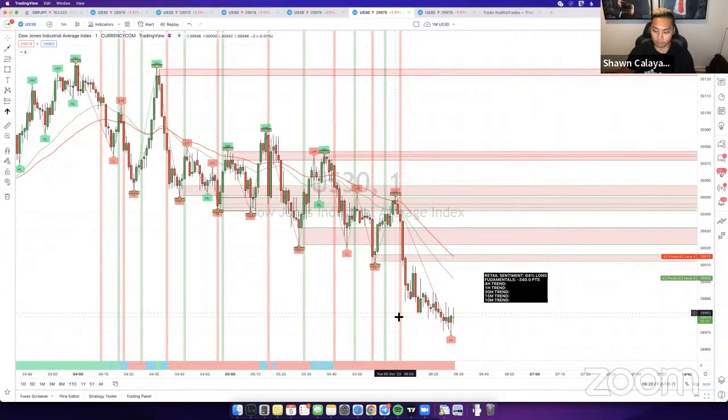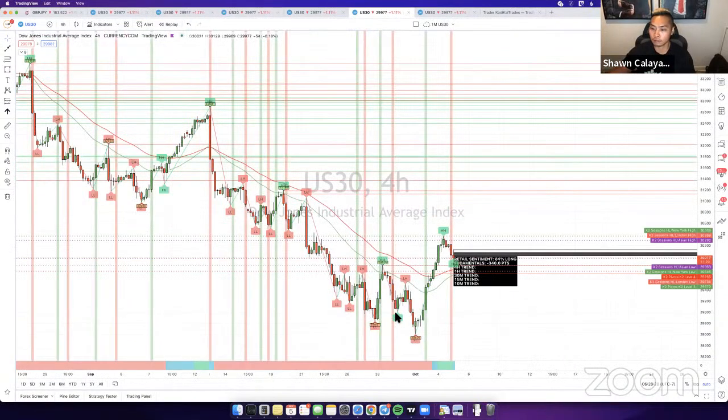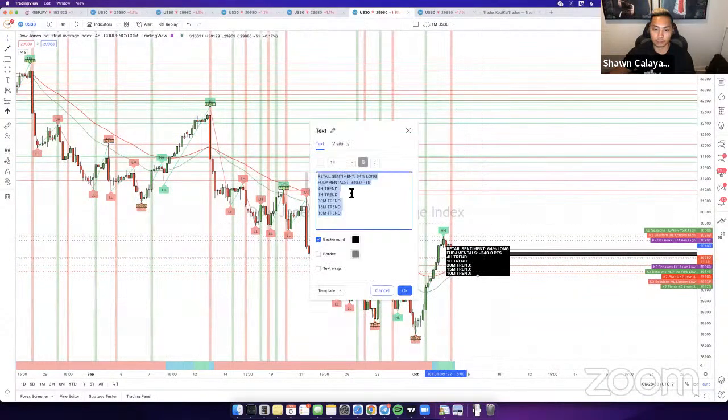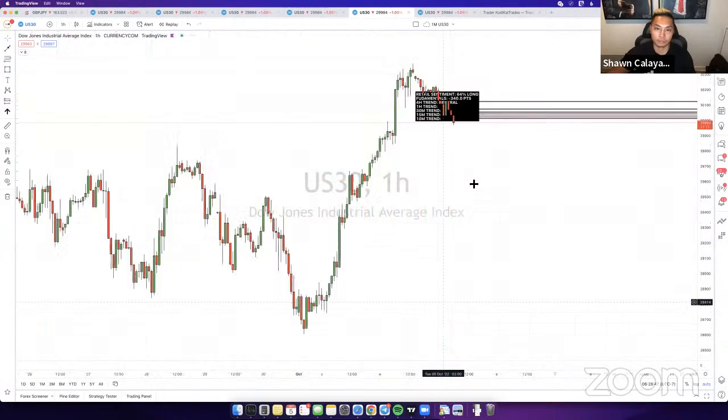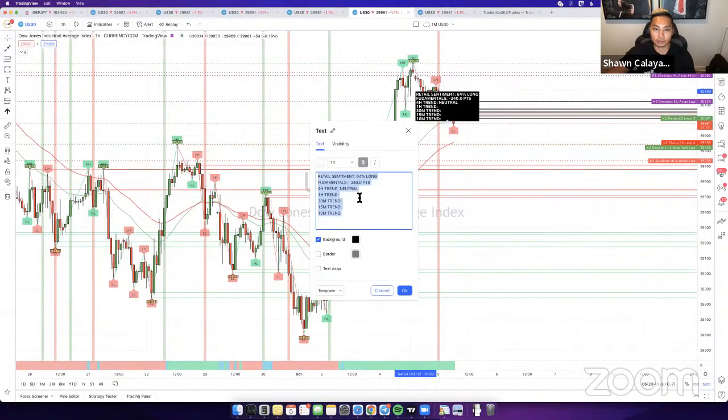Let's go over here to the 4-hour real quick. The 4-hour trend is neutral. The 1-hour trend is bullish.